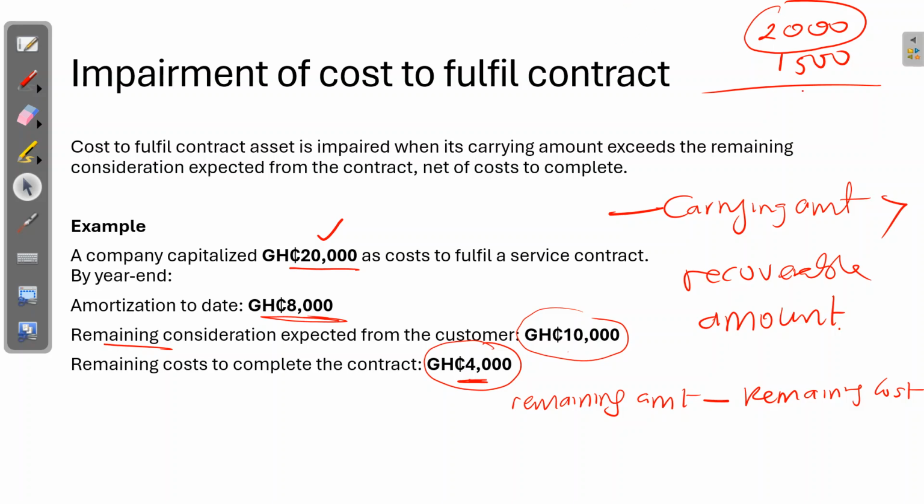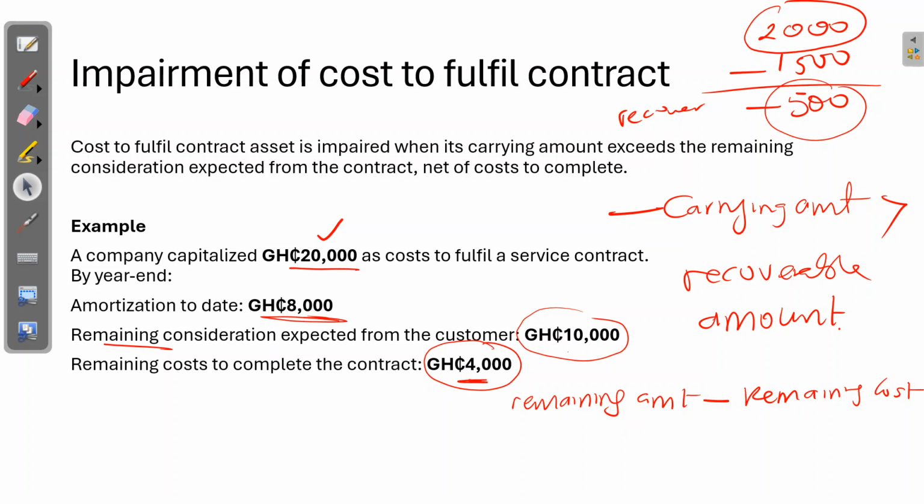So in other words, you only have 500 cedis. That's what you will get as your income, because when this 2,000 cedis is given to you, you will take 1,500 out of it to buy some materials for the contract, or use it for other stuff connected to the contract. So in other words, this 500 here is what we call the recoverable amount.